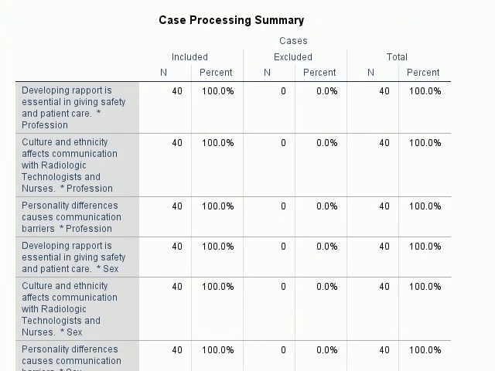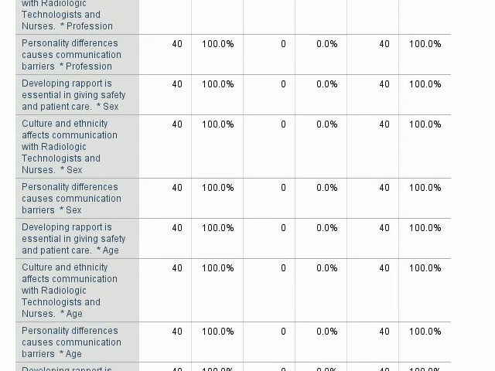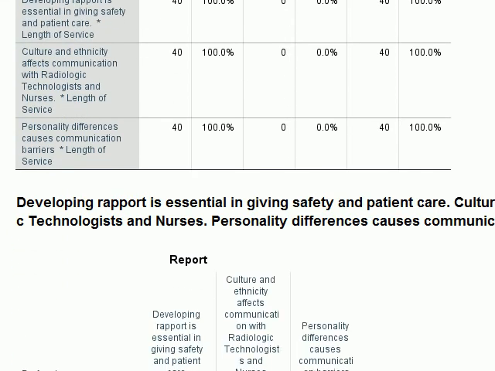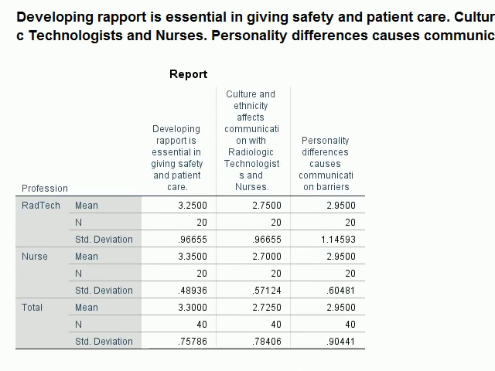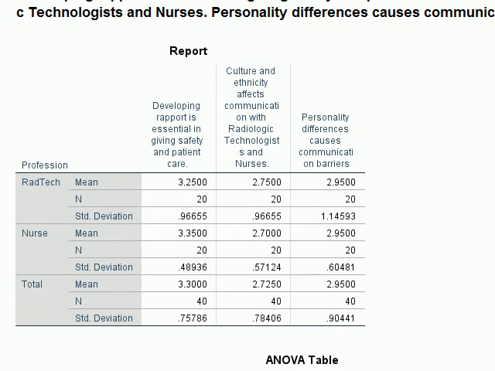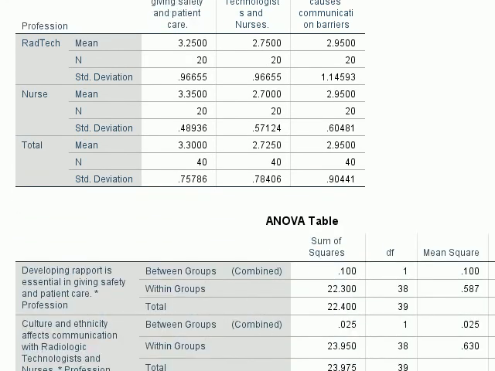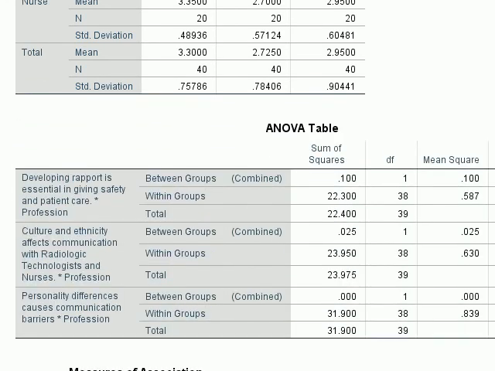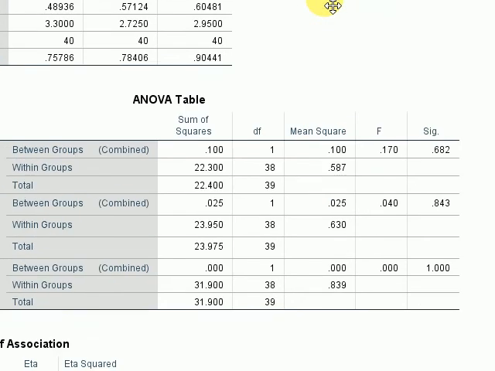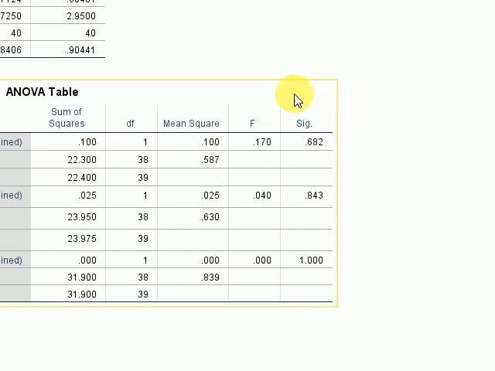That's not very meaningful. You'll be given the result for RadTech and Nurse, the difference, but you'll still go past that and go to the ANOVA table and look at the significance value.